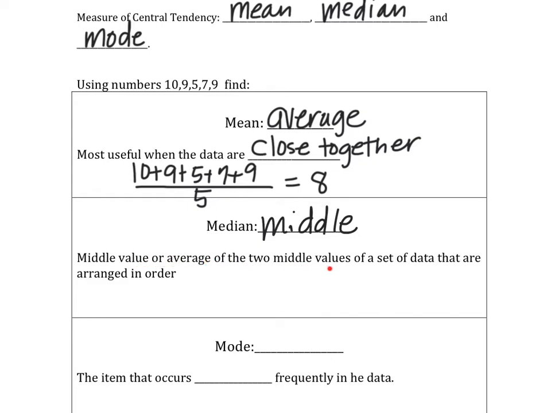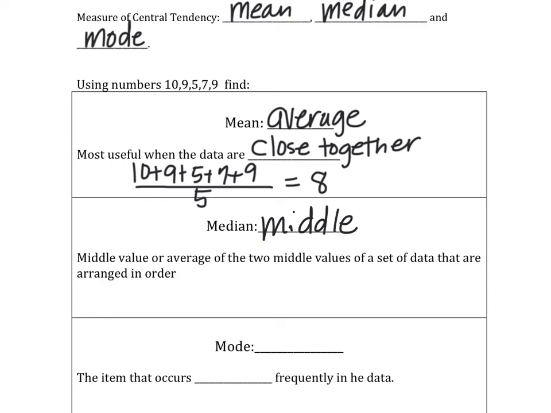If you line all of your numbers up and you have an even number of numbers, there's actually going to be two numbers in the middle, and to find the median, you average those two numbers. So it's the middle value, or the average of the two middle values if there are two, of a set of data that are arranged in order.